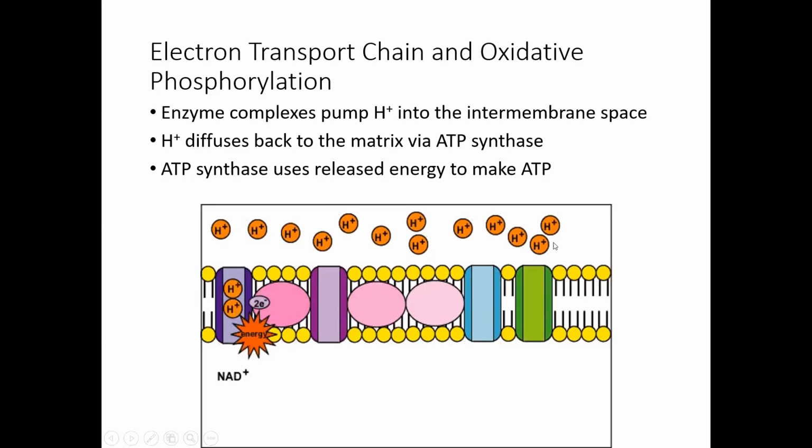Watch, here comes the high energy. They're pumping the hydrogens across, and the hydrogens now will find a way to come back down through here, through the ATP synthase.